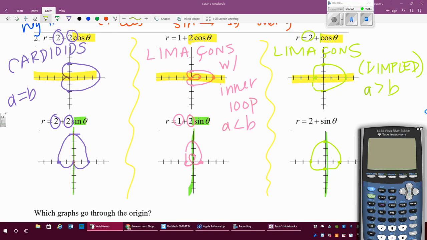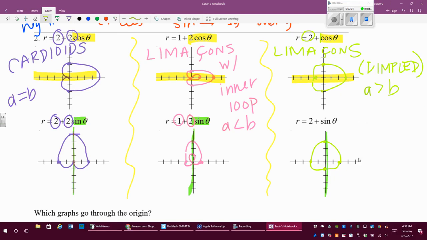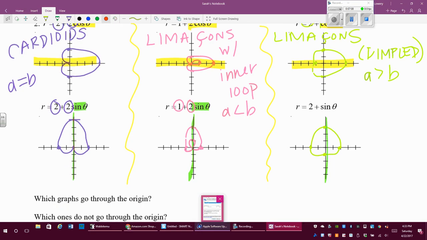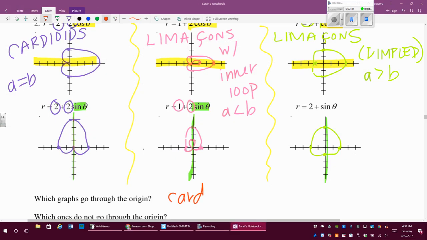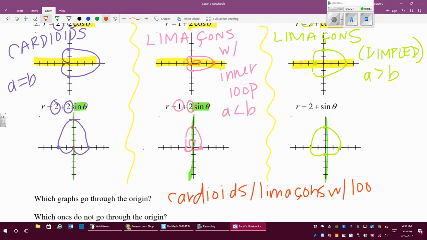Okay, let me take my calculator and make it a little bit smaller. Which ones of these went through the origin? The ones that went through the origin were my cardioids and my limacons with loops.